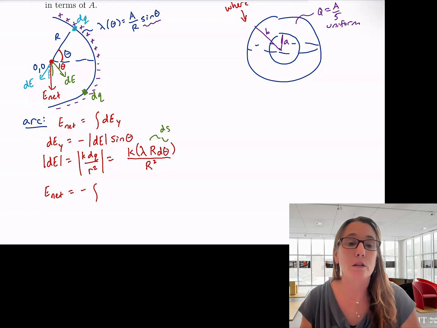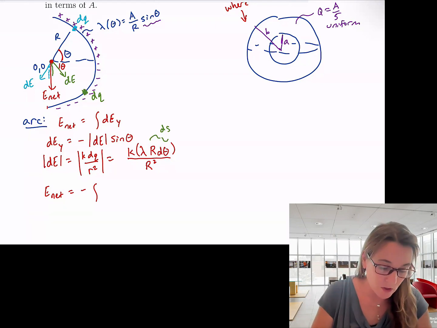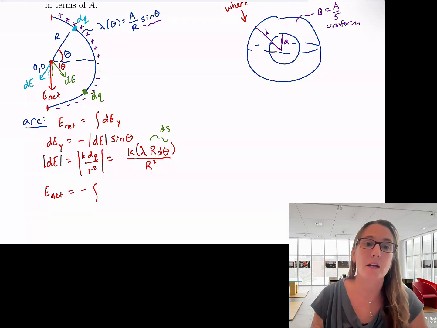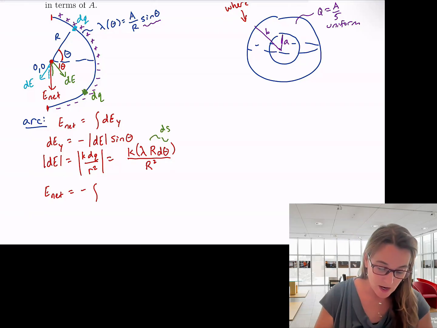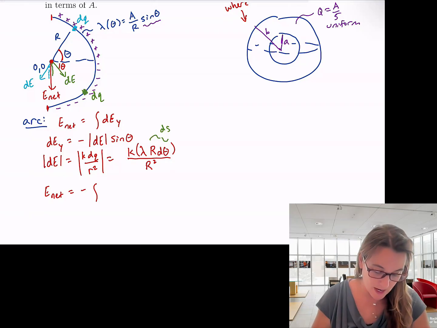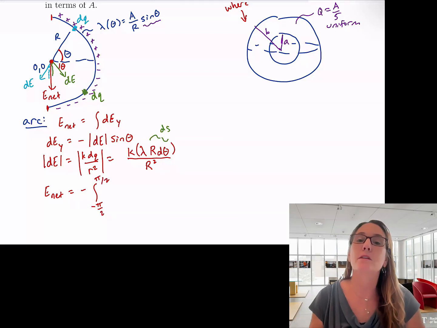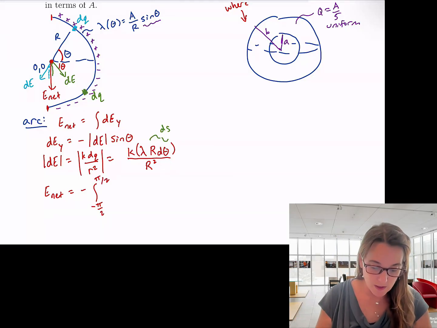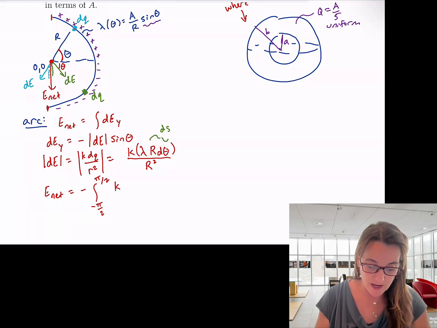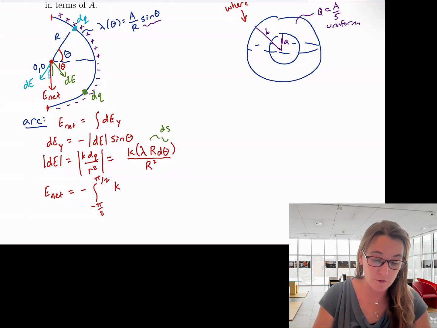So I want to see where my object starts and ends, and I can see that it starts and ends from negative pi over 2 to pi over 2. And so we have this situation where we could then say, okay, magnitude of dE is k lambda. I'm going to plug in for lambda with the function that was provided.